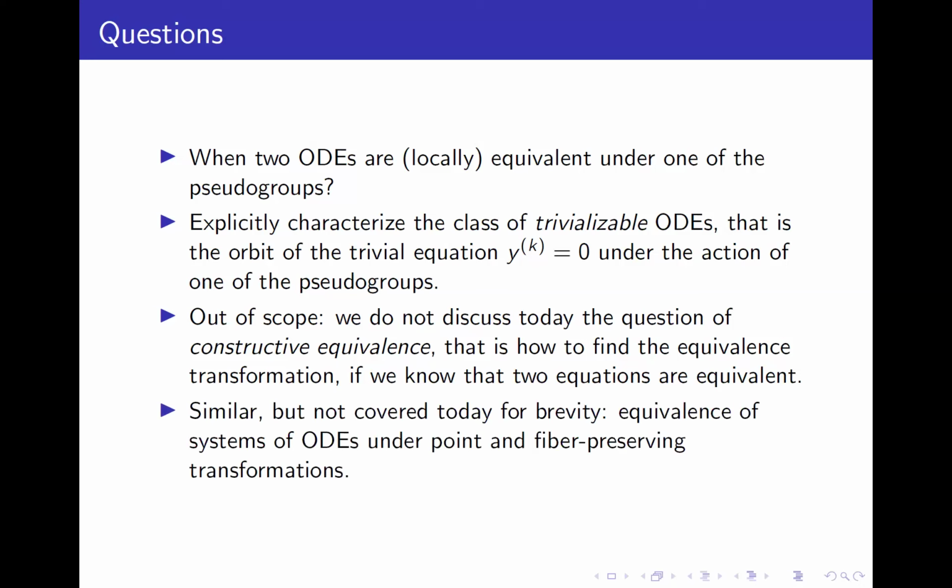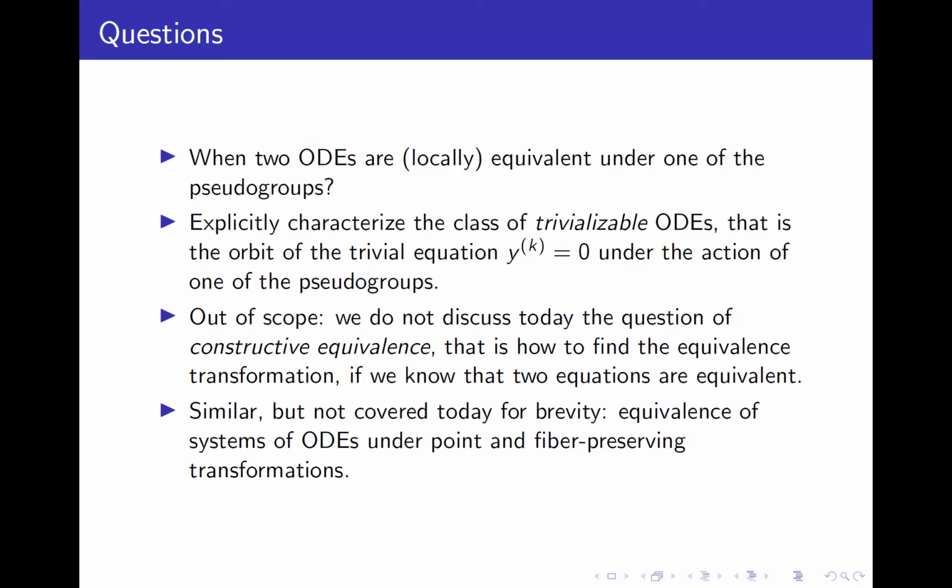And another thing that I would be happy to touch on, but I probably won't be able to due to lack of time, is how this generalizes to the case of systems of ODEs. For systems of ODEs, we have to deal with maps from R to R^m, where m is greater than or equal to 2.